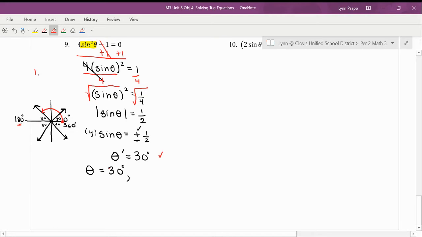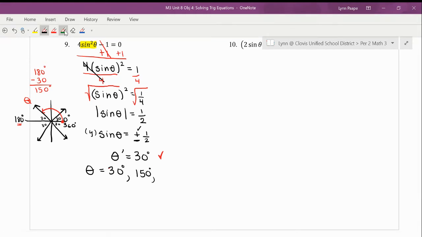I stopped before I got to 180. And how many degrees did I stop before? I stopped by my reference angle amount, which is 30 degrees. So I'm going to subtract my reference angle. And so quadrant 2's answer is going to be 150 degrees.